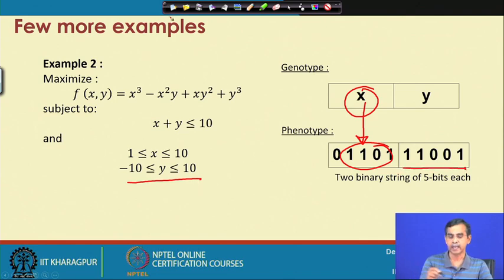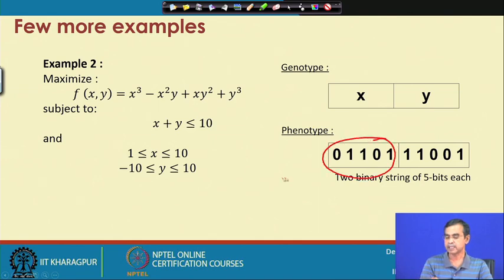Now, at any instant, this is basically one individual or one solution. At any instant, the value of these binary bits here is basically 1 and then 4 and 8, so 13. Similarly, this is basically 16, 20, and this is basically 25.